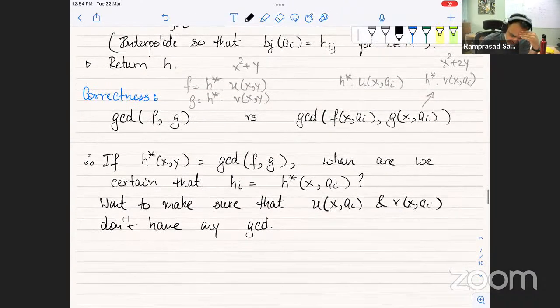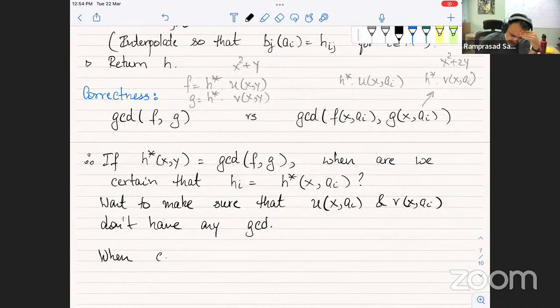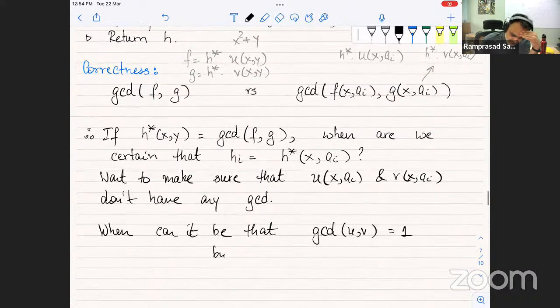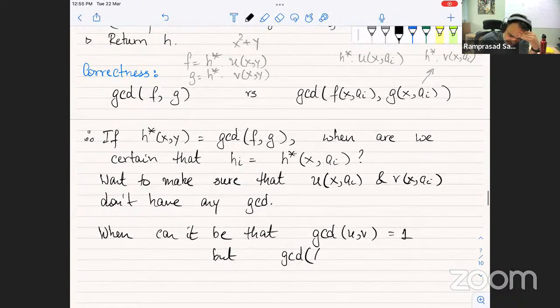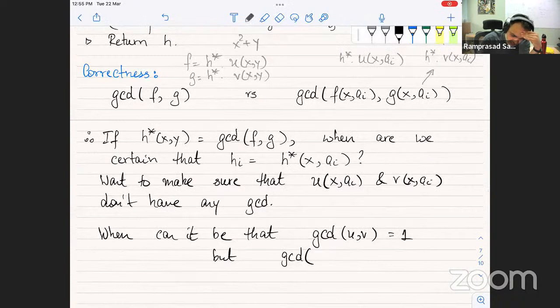Okay, so let's ask, when can it be that the GCD of u comma v is equal to 1, but the GCD of u of x comma ai and v of x comma ai is not equal to 1.